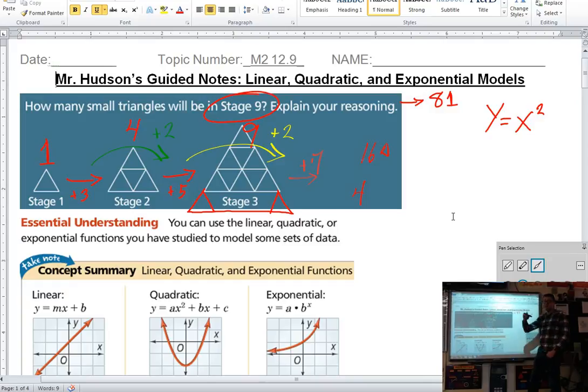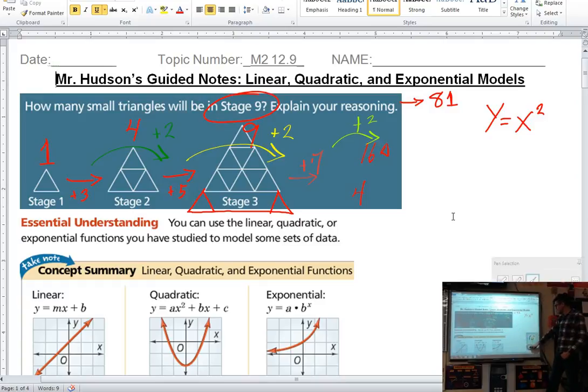If this holds true, then my change on the next one gets another extra 2, so instead of adding 7, we'll then add 9.